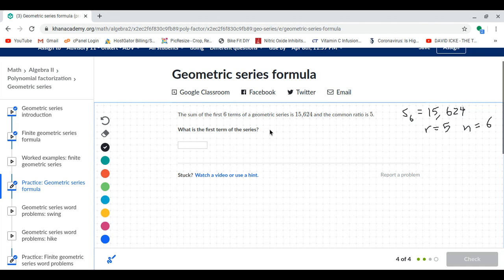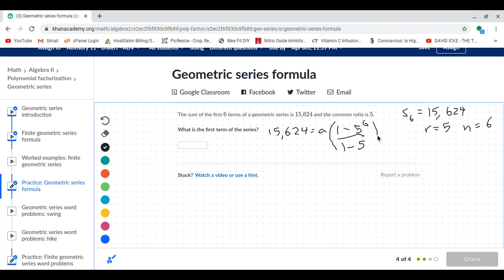So we're going to say 15,624 equals first term times 1 minus common ratio 5 to the 6th power over 1 minus 5.